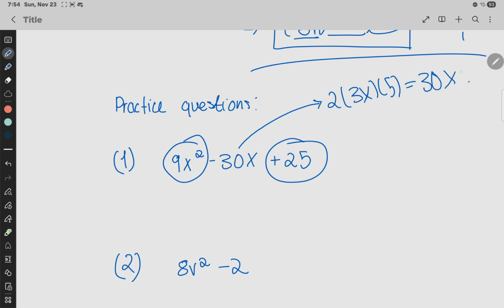So yes, it is a perfect square trinomial. From here, just apply the formula, right? It's a subtraction, so it's 3x minus b, which is 5, all squared. Okay, that's your final answer. It's very fast.